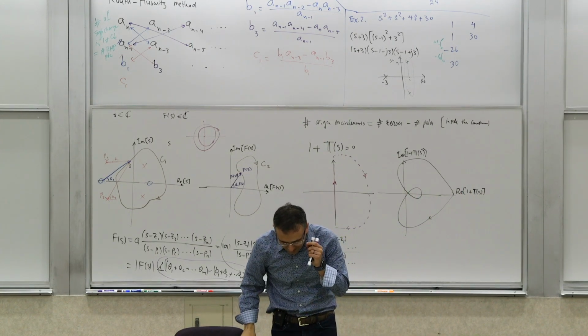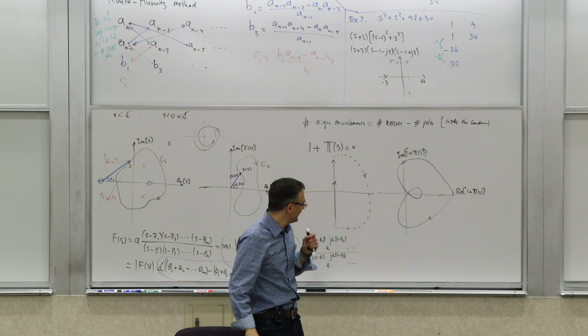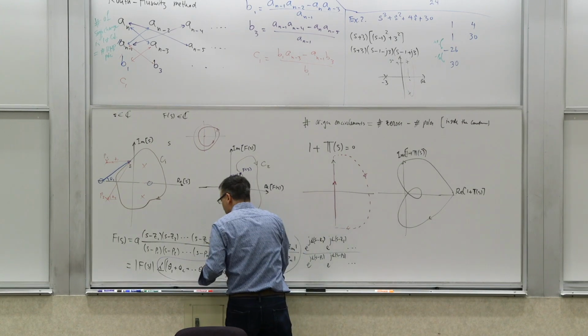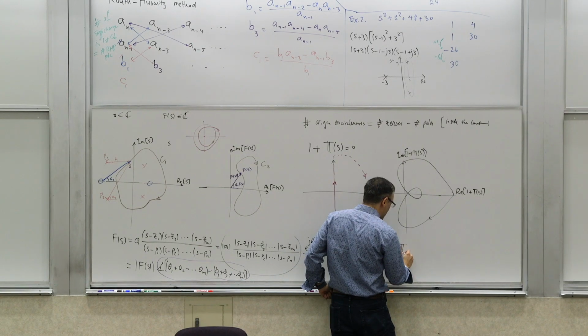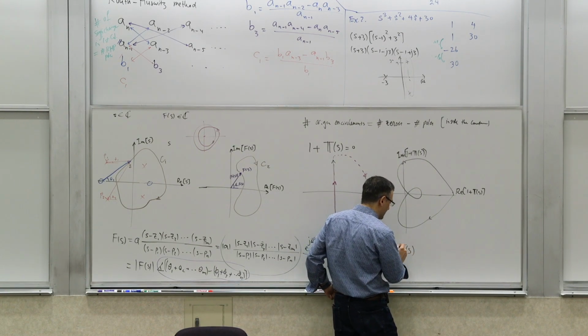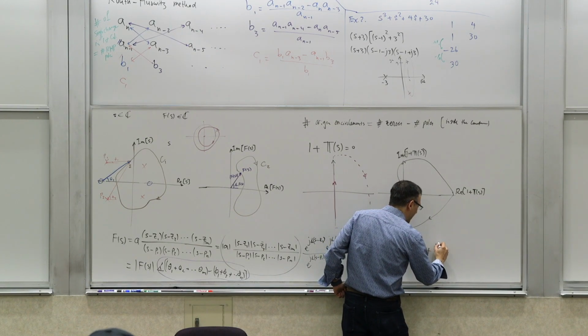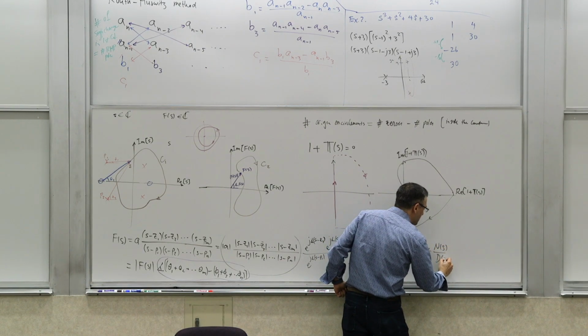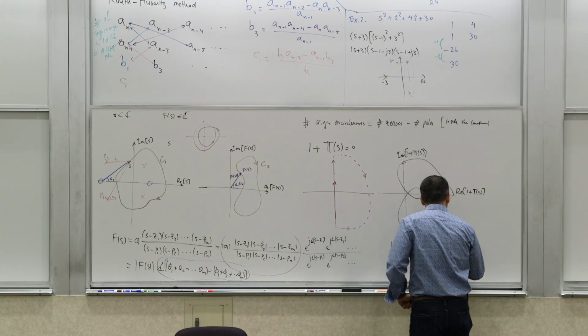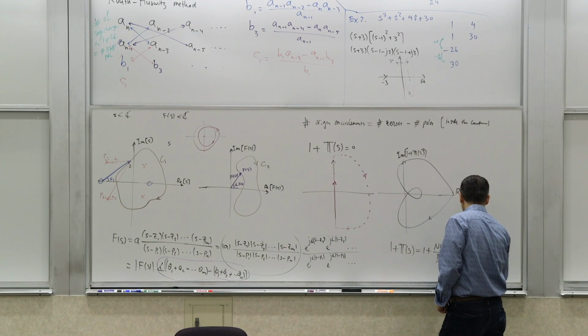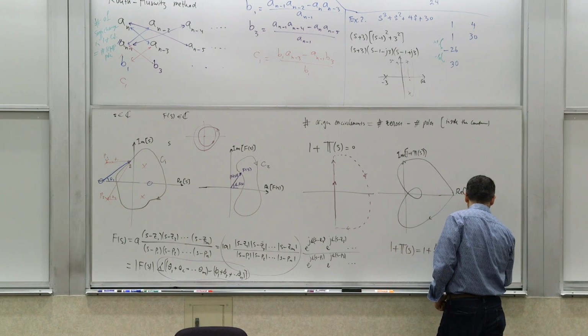Okay, so now here's the key part, the key insight. The key insight is that if you look at the parameter we are trying to evaluate, which is 1 plus T of s, 1 plus the loop gain, and the loop gain can have a numerator and a denominator if it's a rational function. You can write it as (D of s plus N of s) divided by D of s.